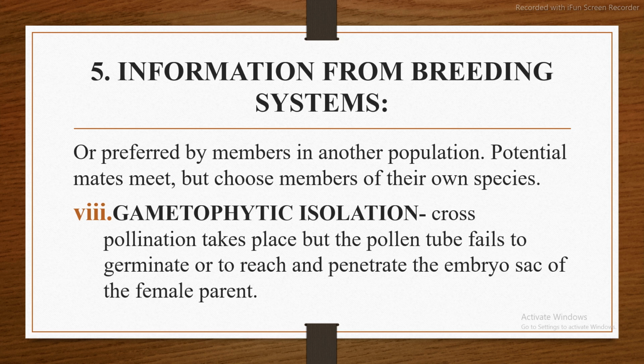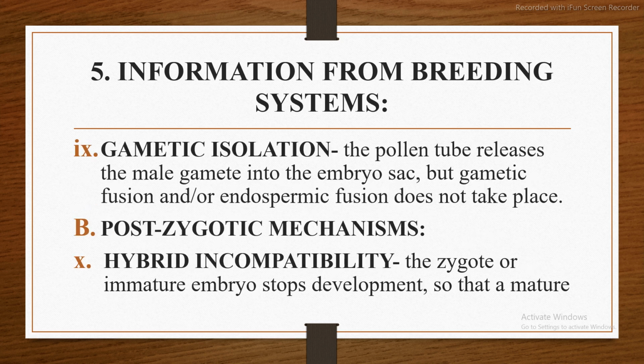Cross-pollination takes place but the pollen tube fails to germinate or to reach and penetrate the embryo sac of the female parent. This is called gametophytic isolation. Next is gametic isolation. The pollen tube releases male gamete into the embryo sac but gametic fusion and or endospermic fusion does not take place. This is called gametic isolation. Next is post-zygotic mechanisms.